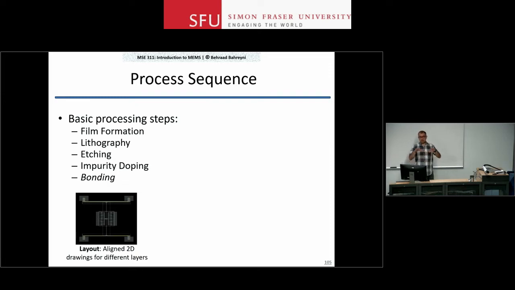So there is a drawing that says, keep this much of the oxide, keep this much of the silicon, and so on and so forth. And the layout is created by the MEMS designer, has all this information in it, has all those aligned layers on top of it. Then it comes to the process.